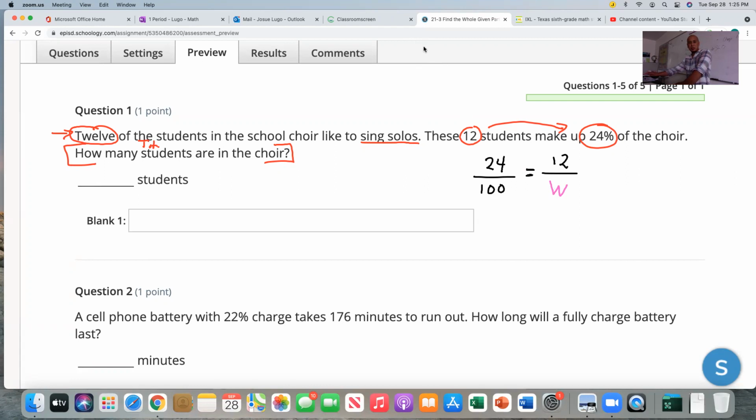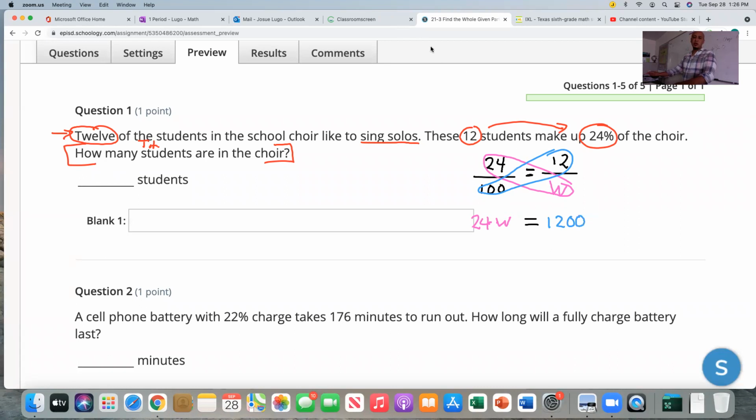Step number 2, ladies and gentlemen, we need to cross multiply. We need to make an equation using cross multiplication. What am I going to cross multiply? I'm going to multiply the 24 times the W. So 24 times the W. And I'm also going to cross multiply 12 times 100, which would give me 1,200.